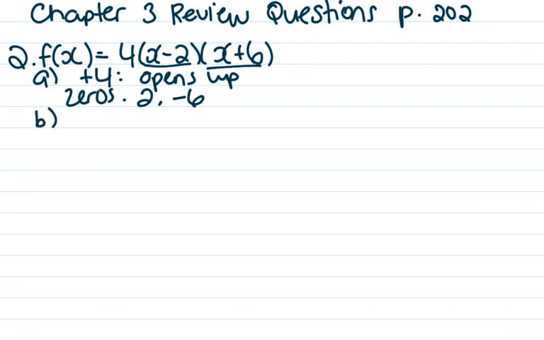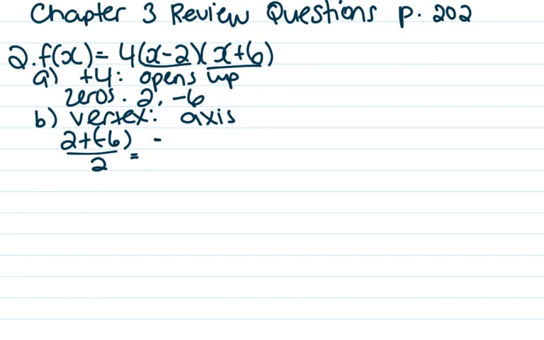B says determine the coordinates of the vertex. So I can actually find the vertex using my zeros. First I'll find the axis of symmetry, so that's finding the midpoint of the zeros. So 2 plus negative 6 divided by 2 leaves me with negative 4 over 2, which is negative 2. Then I'll take that negative 2 and plug it back into the equation as x, and that will give me the y-coordinate of the vertex.